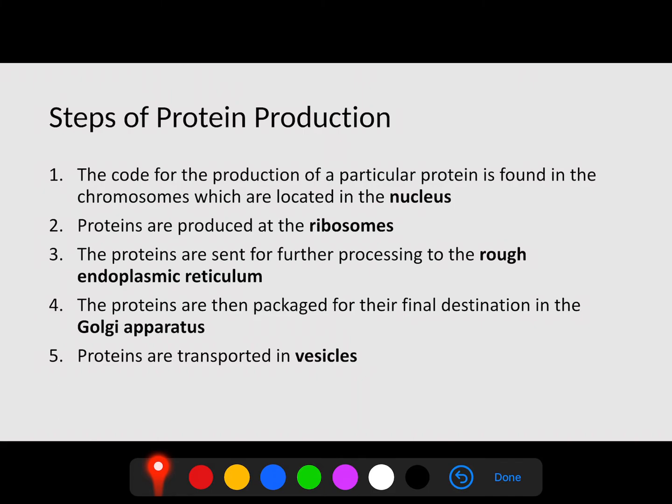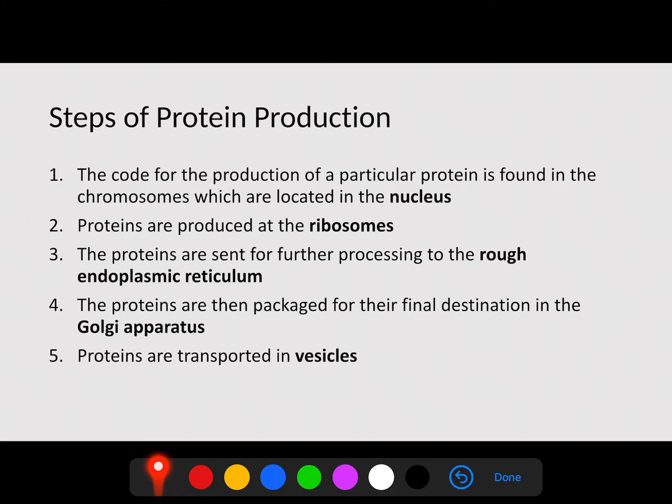So let's look at the steps of protein production. We've been talking about proteins and how we needed to ship them and how they control all these structures. The code for the production of a particular protein is found in the chromosomes, which are located in the nucleus. So our information starts in the nucleus.